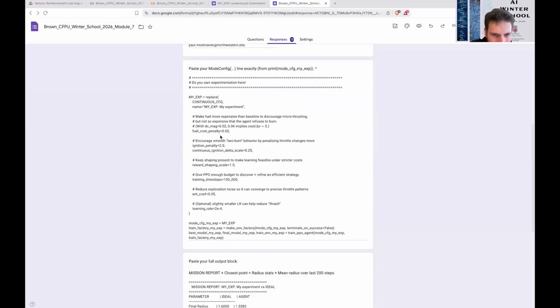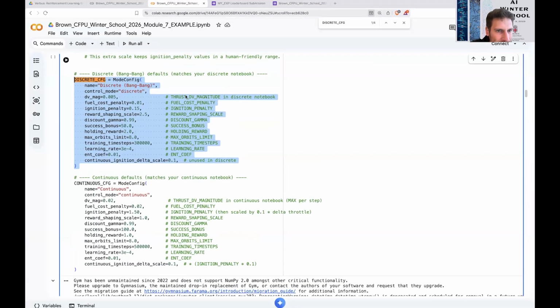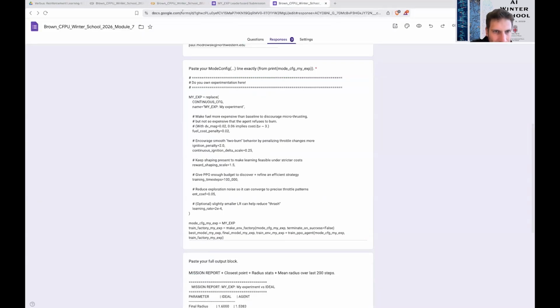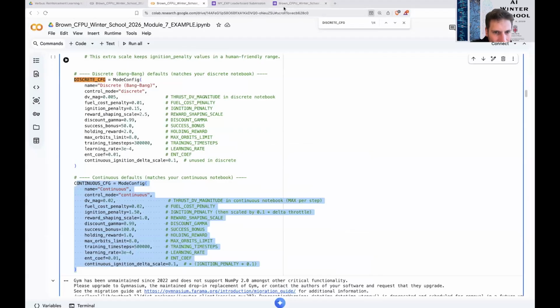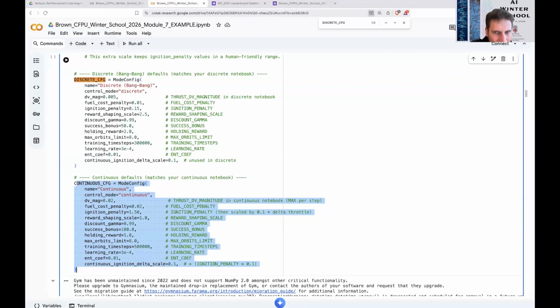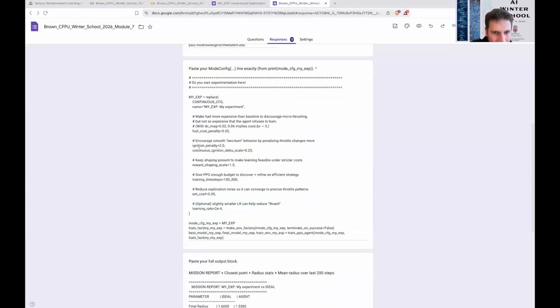It looks like a continuous run, and just for comparison with continuous, just to remind, it looks like the same fuel cost, bigger ignition penalty. Is that right? Yeah. So bigger ignition penalties.